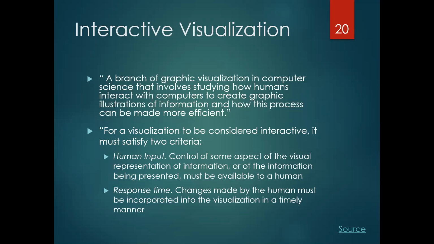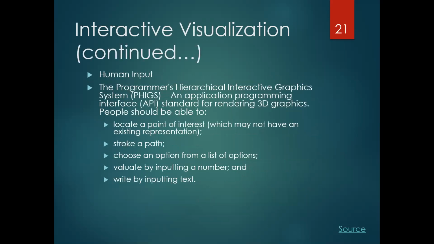So there must be a period of time used by the computer to process and give a response. This period of time is called response time. Okay, let's talk about these two criteria separately. Human input means you need to have a specific method to provide information to the computer, and there are some principles.